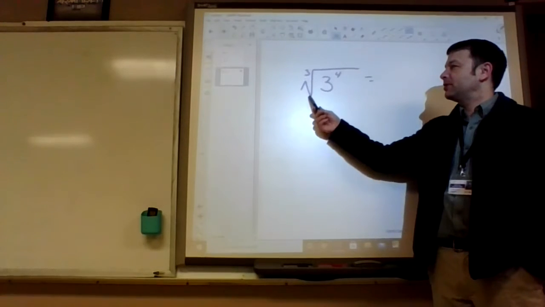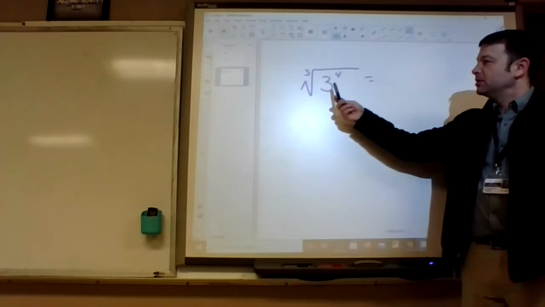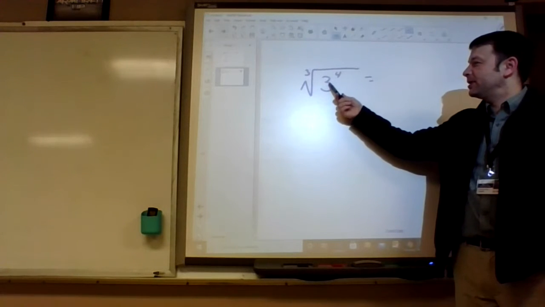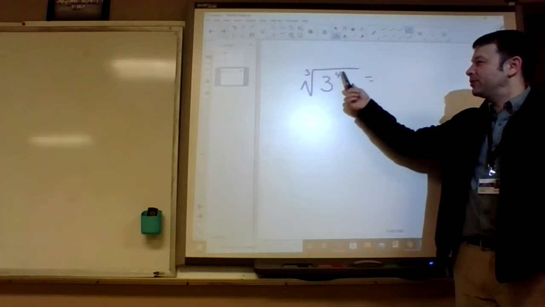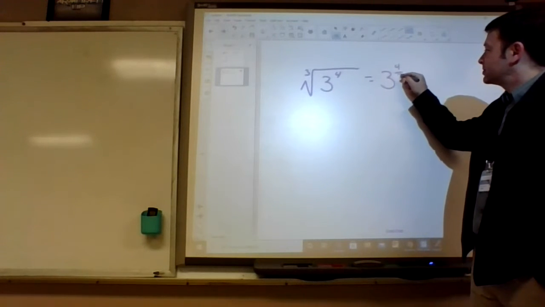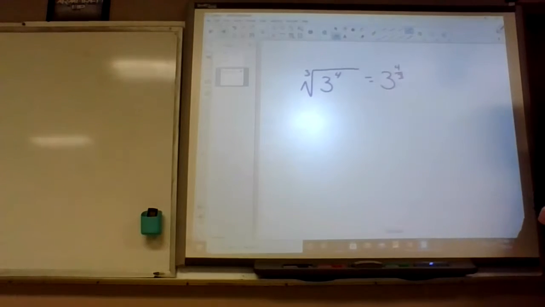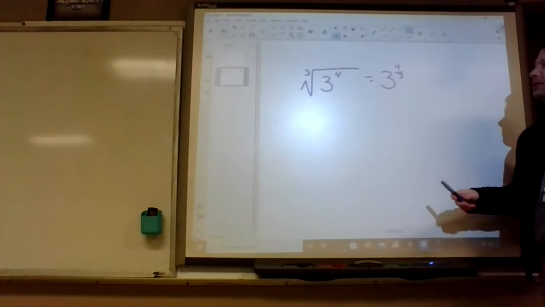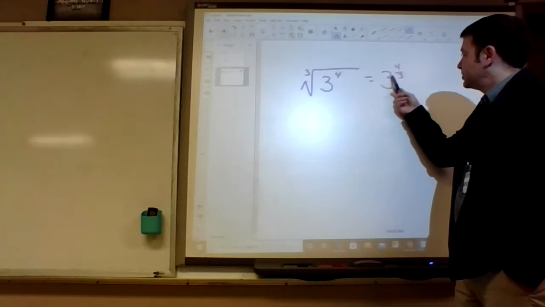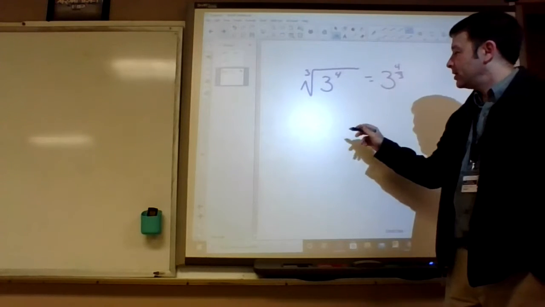This symbol right here is called a radical. Anyways, this would be 3 to the 4th, and then the cube root of that would be like 3 to the 4/3. Alright, see how I did that? 3 to the 4th, and the cube root, so it's 3 to the 4/3.